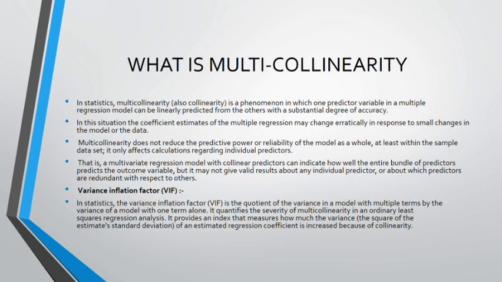We have used the variance inflation factor. In statistics, the variance inflation factor is a quotient of the variance in a model with multiple terms by the variance of a model with one term alone. It quantifies the severity of multicollinearity in an ordinary least squares regression analysis. It provides an index that measures how much the variance of an estimated regression coefficient is increased because of collinearity.